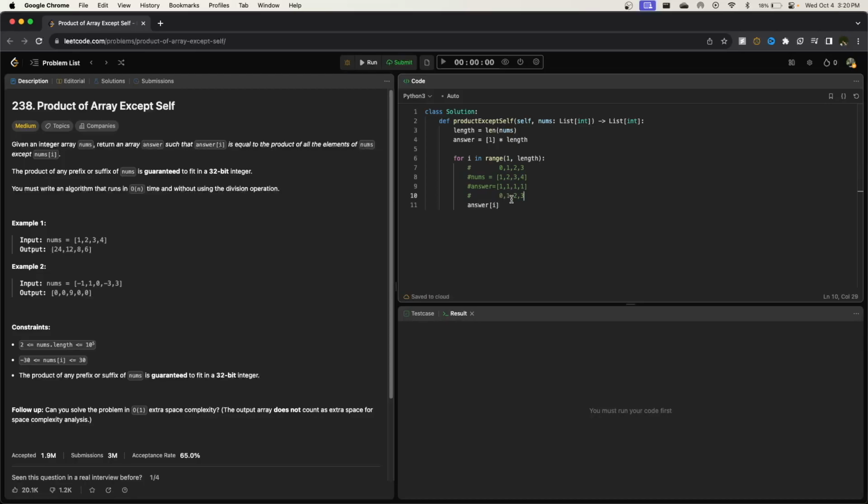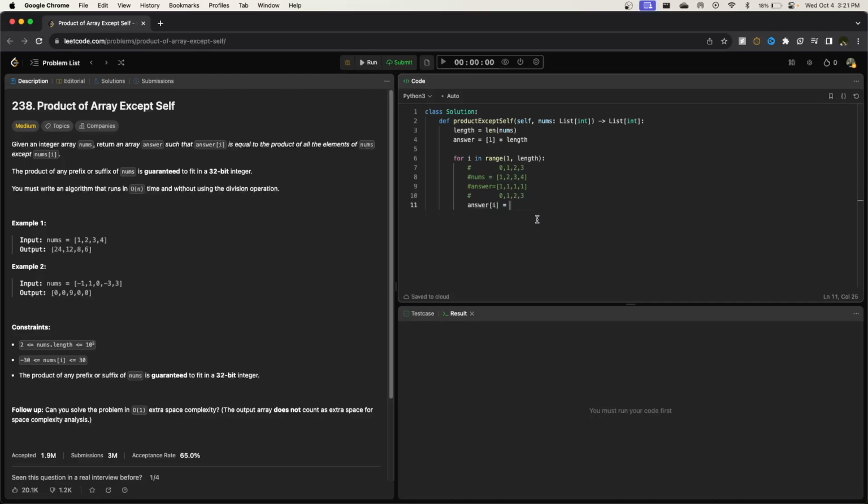Those are the indexes, and pretty much answer at i, since we're looping through it, we're starting at index 1. So we're starting here at 2, and then answer is at 1. Now we want to get the left values. So essentially we want to get the left of 2, which is 1.